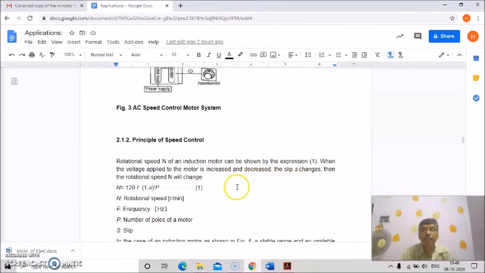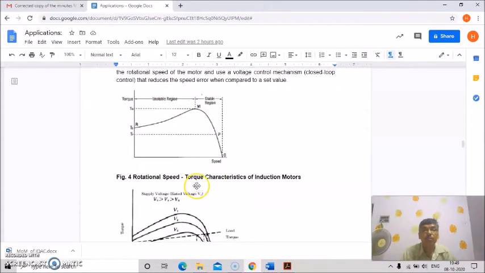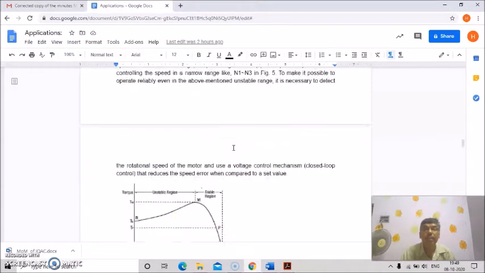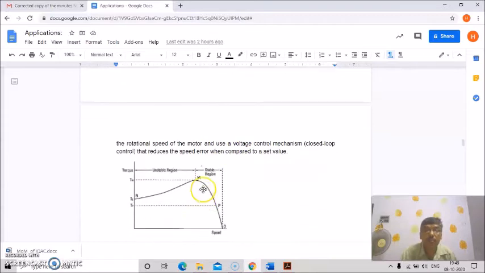Actually, in the narrow range, figure 4, this is okay. So this speed control range is very narrow.